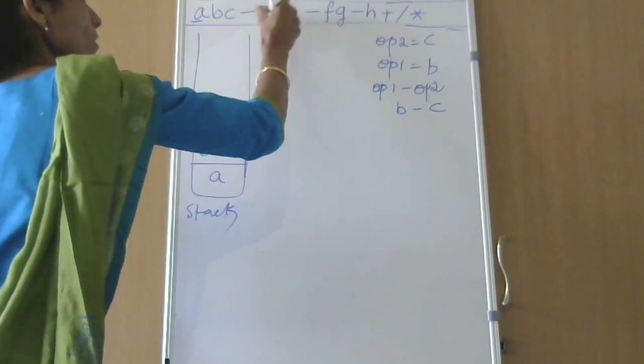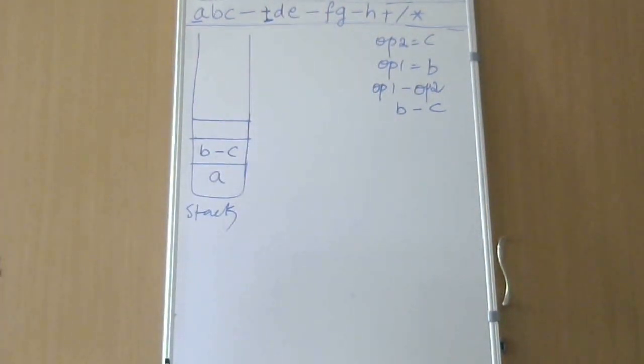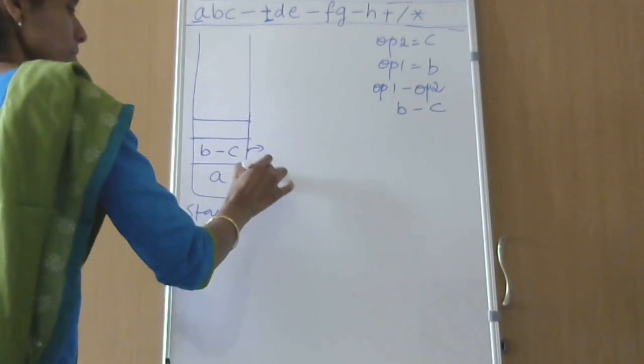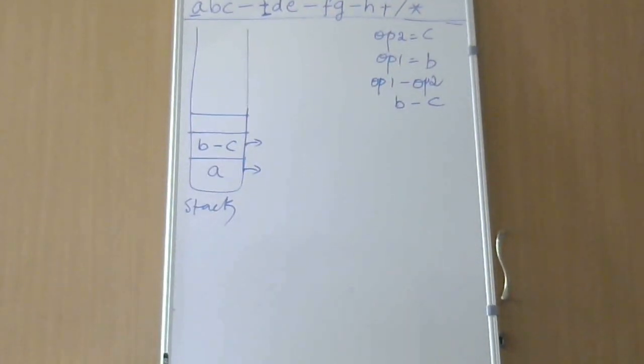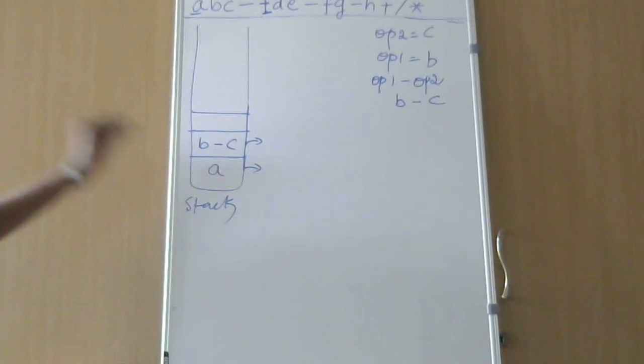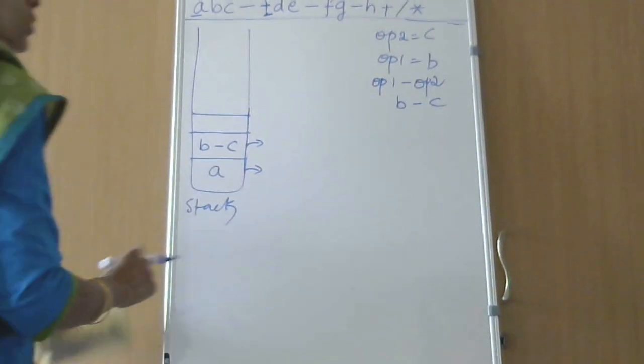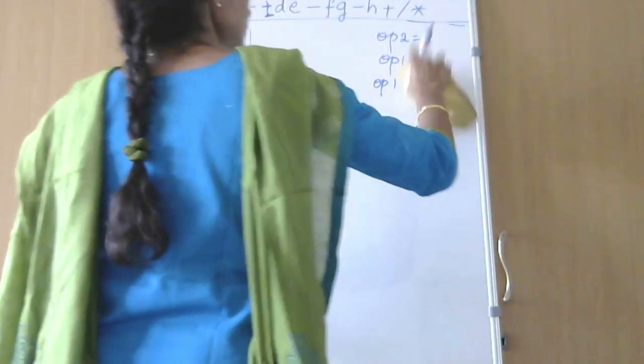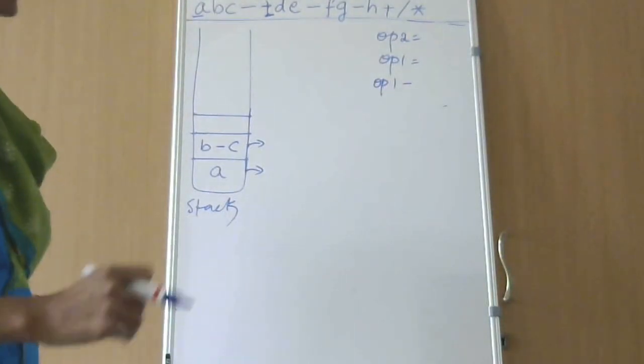Next, we have an operator again. We have plus. What we should do? Plus is an operator. So pop the first two elements of the stack. So I will have to pop out this, and this also. Let me store them in the same variables OP2 and OP1.